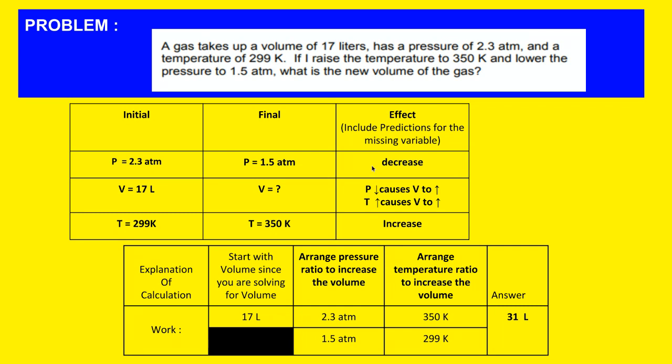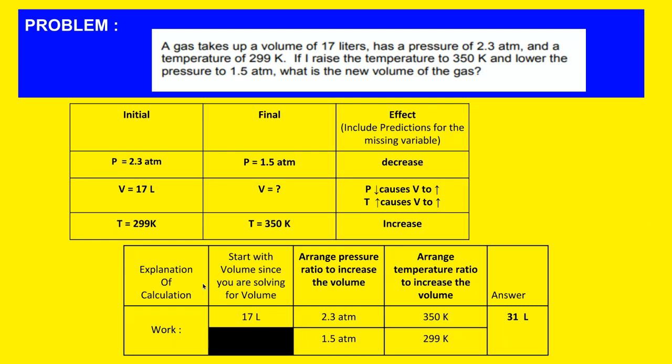So I write decrease in the effect column. We can also see from initial to final that the temperature increases. Here in the middle row is where I include a prediction for my missing variable, volume. We know that the decrease in pressure causes volume to increase. Also, the increase in temperature causes the volume to increase.